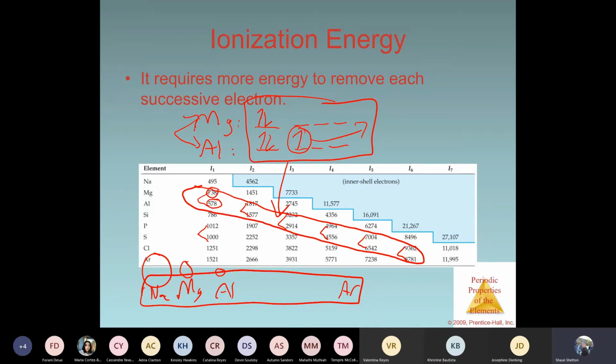And that this one electron is going to get kicked out very quickly because it's unstable. Okay, so I'm going to go through some of the slides here.